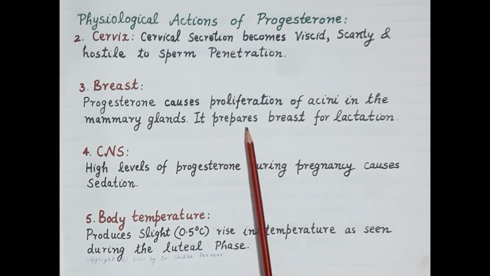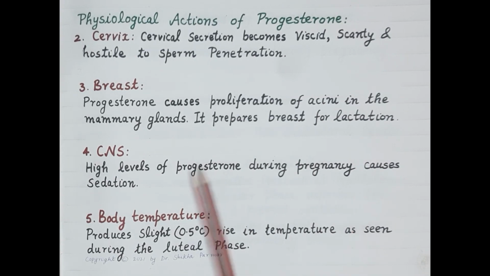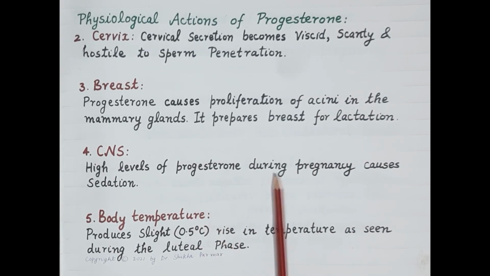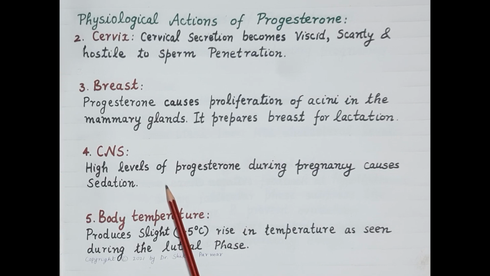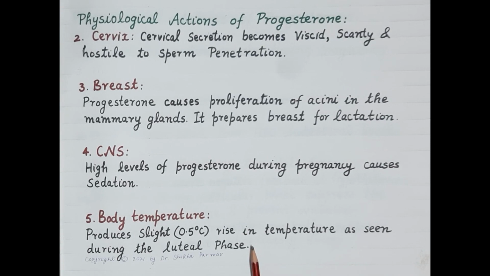So, progesterone prepares the breast for lactation. Now, high levels of progesterone during pregnancy cause sedation. Now, apart from this, progesterone also slightly increases body temperature, around 0.5 degree rise in body temperature, and this is seen during the second half of the reproductive cycle, that is during the luteal phase.